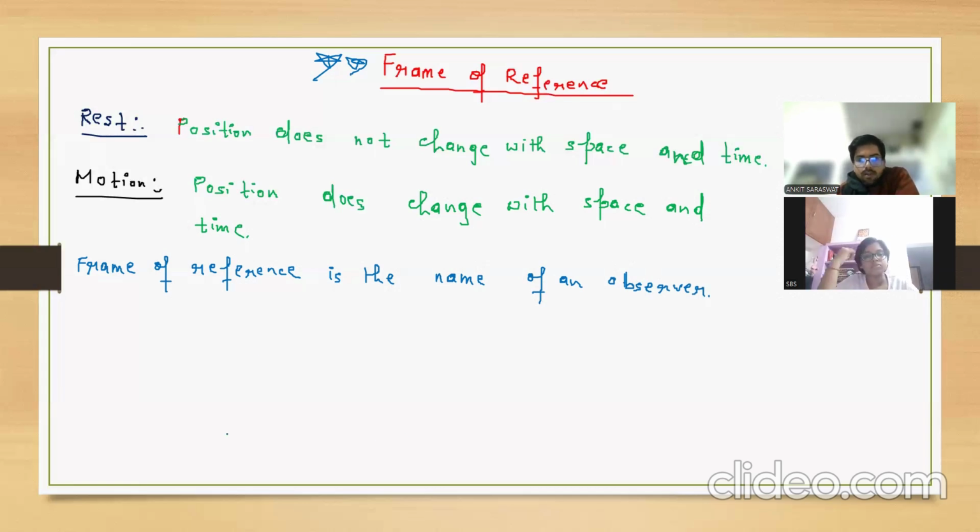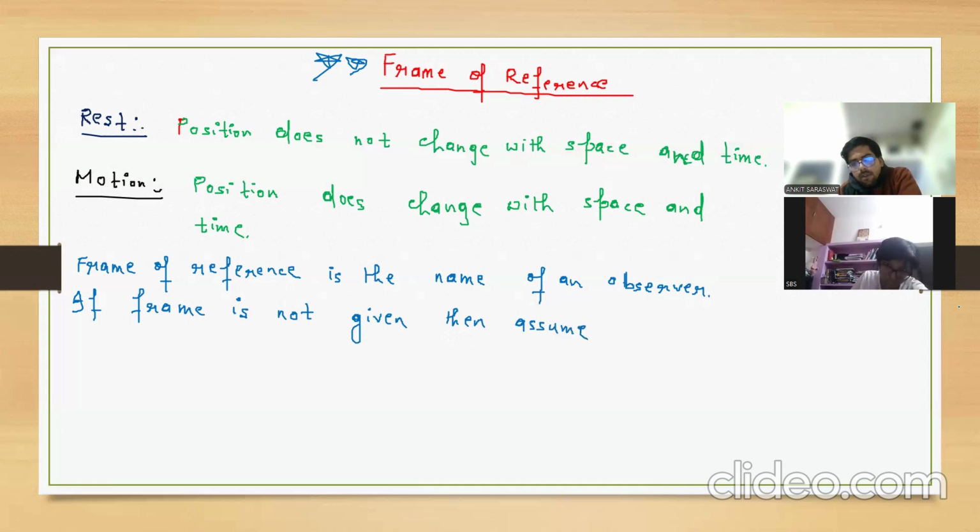After this, write down: if frame is not given, then assume the observer is standing on the ground.